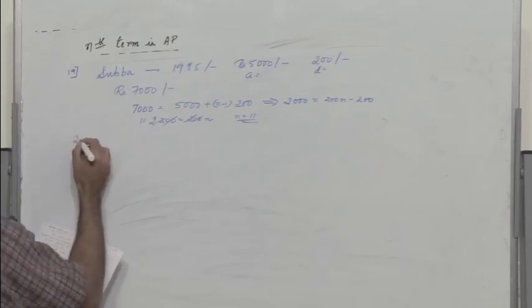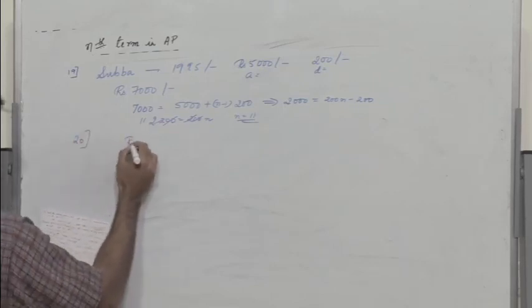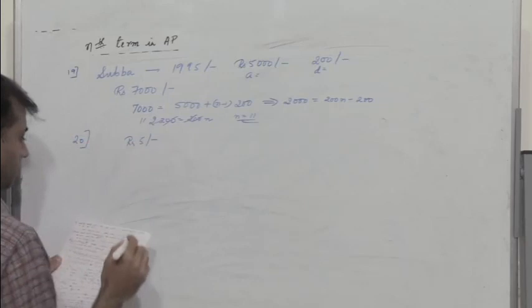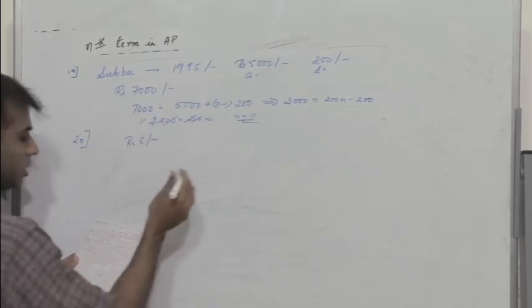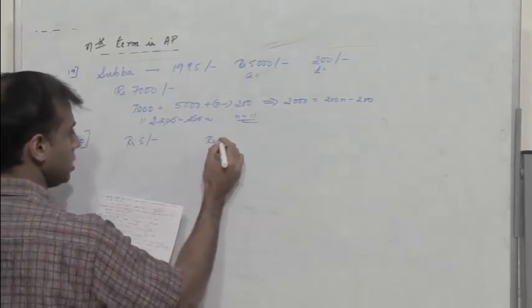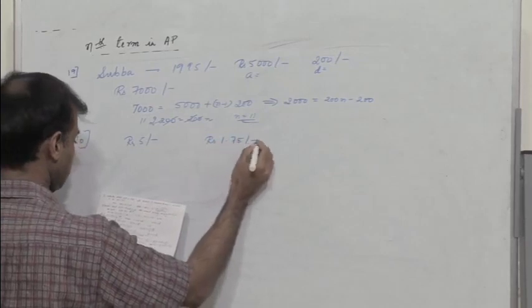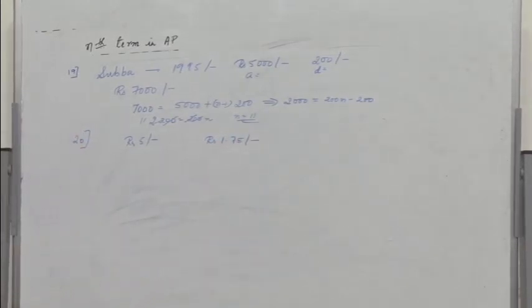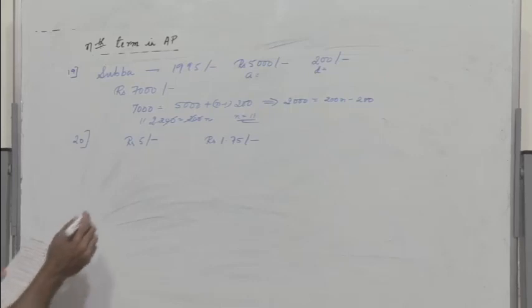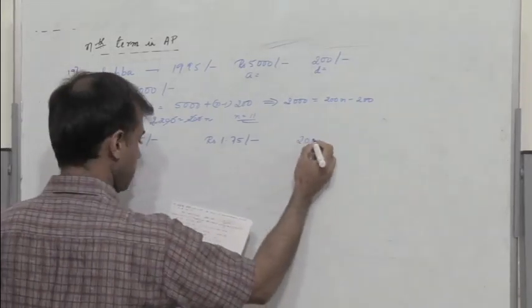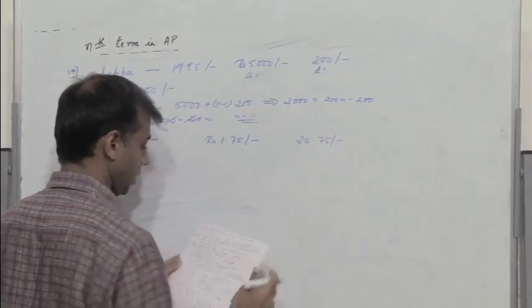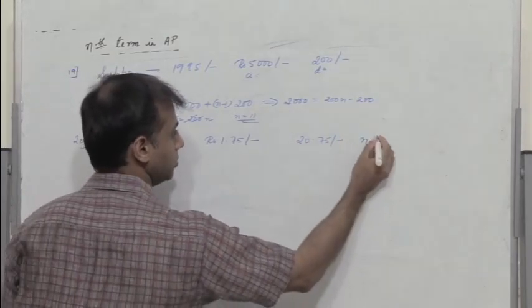So next, there is a person who saves rupees 5 the first week of a year, and every week the saving is increased by rupees 1.75. And in the nth week, the amount becomes 20 rupees 75 paisa. So what is N?